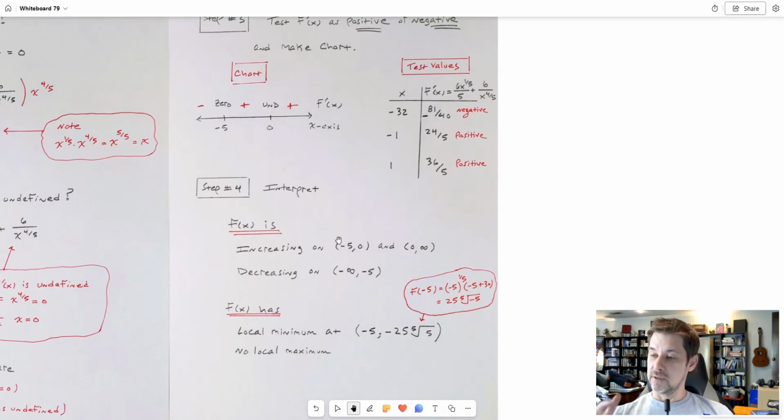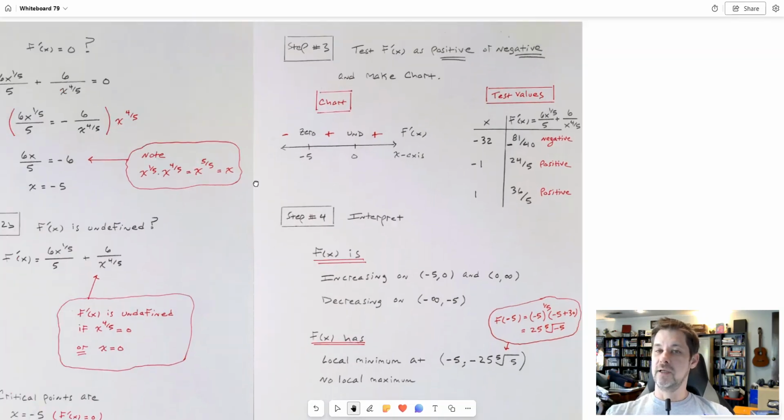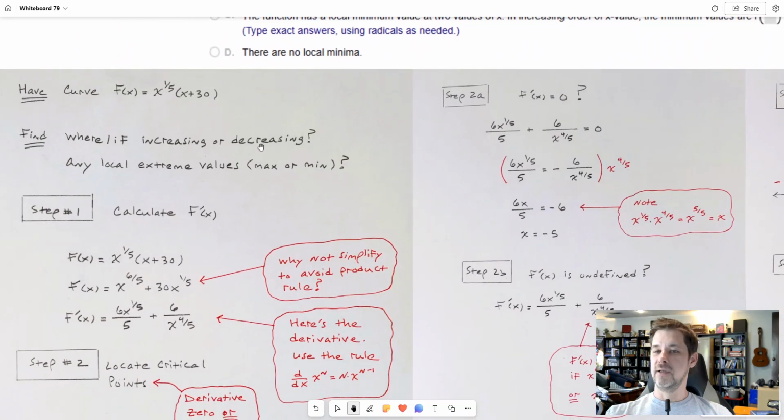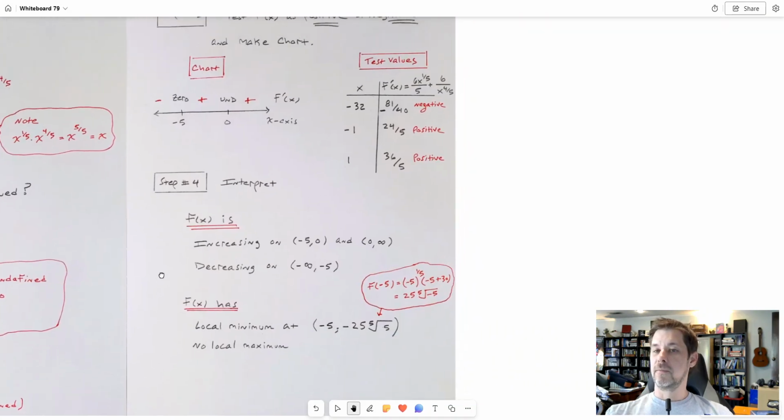Okay, so first of all, let's do two things. The question initially said, where is the function increasing or decreasing, and are there any local maximum or minimum points? So decreasing means the derivative is negative, so that'd be -infinity to -5. If you were to scan the x-axis from -infinity to -5, you would see the curve is falling from left to right.